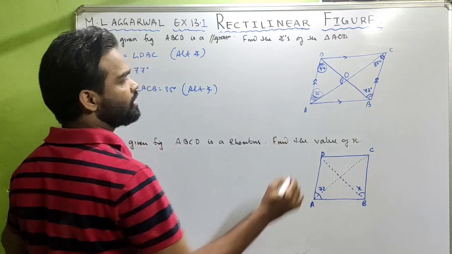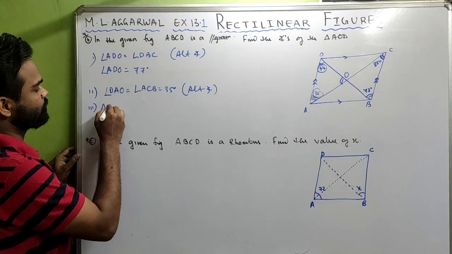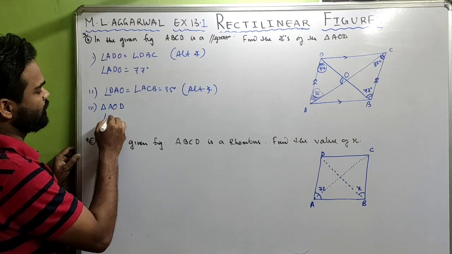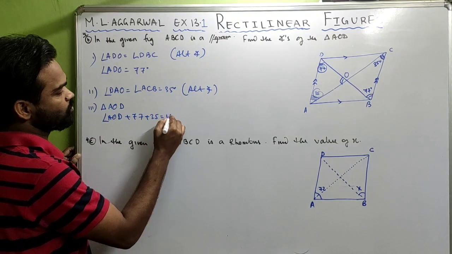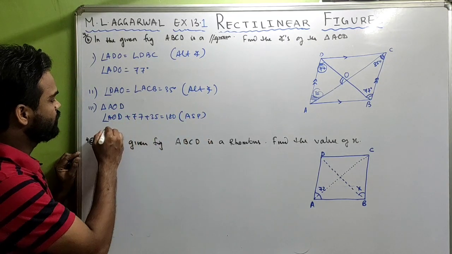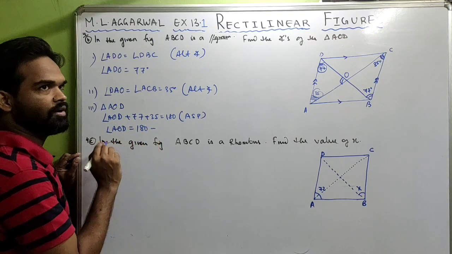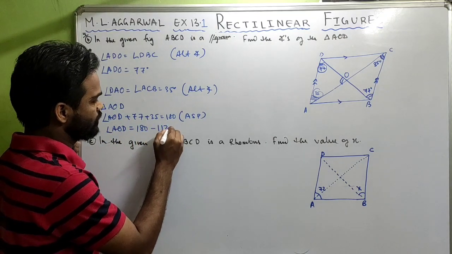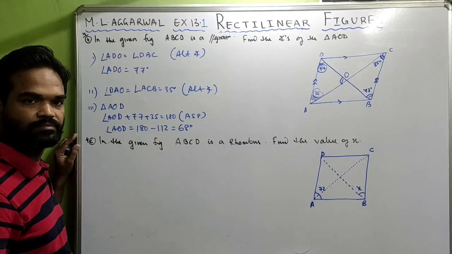So this we can find by angle sum property. In triangle AOD, angle AOD plus 77 plus 35 equals 180. That's angle sum property. Which means AOD is equal to 180 minus 112. That's 68 degrees. Done.